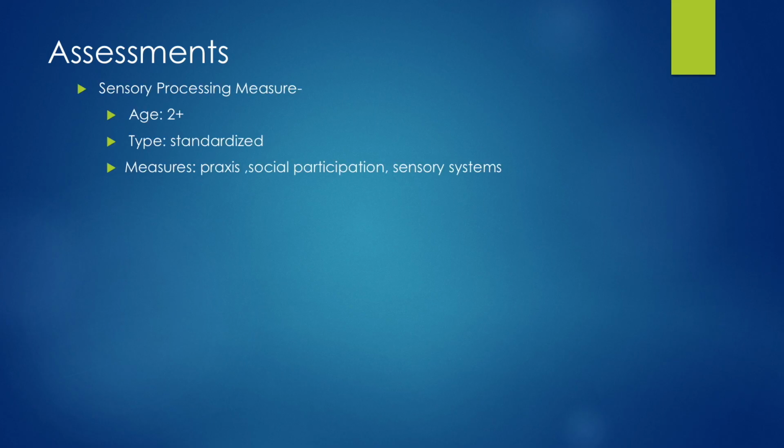Some of the assessments include the Sensory Processing Measure. This is a standardized scope that allows us to view the highest level integrative functions. This measure also looks at the sensory system through measuring visual, auditory, tactile, proprioceptive, and vestibular function. The next assessment is the Sensory Profile 2.